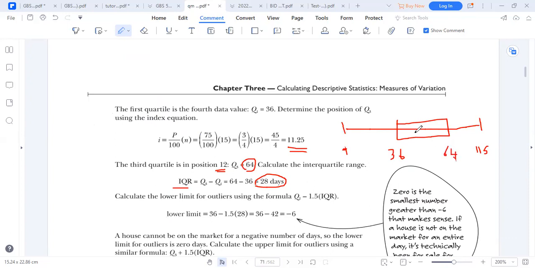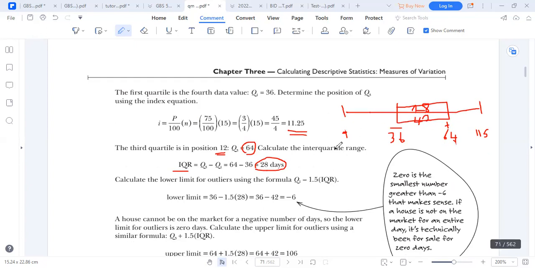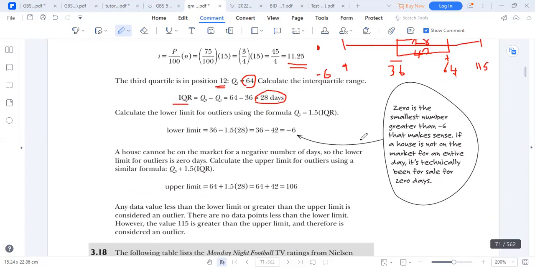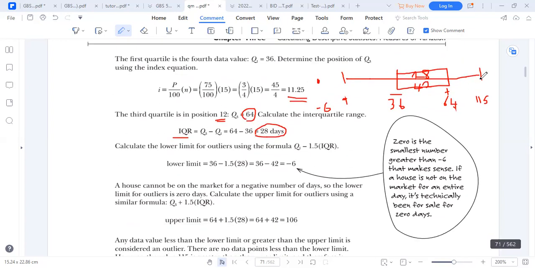The difference is 28. Then 28 we multiply by 1.5 to get the correction term, which is 42. So 42, we add it here, 42 subtract it there. When we subtract there, we get -6 as a lower value. When we add it, we're going to get 106.